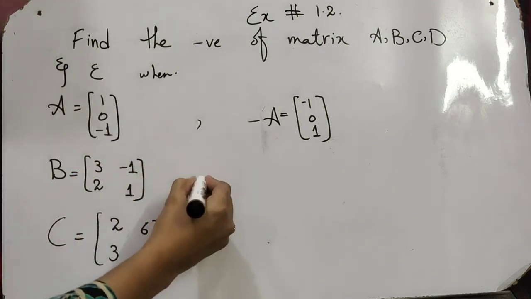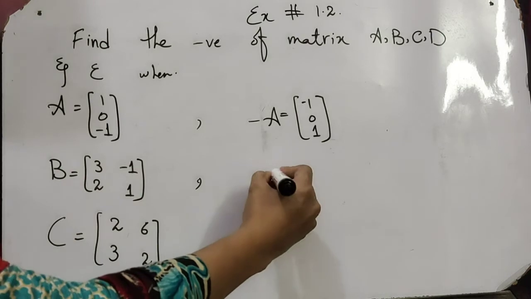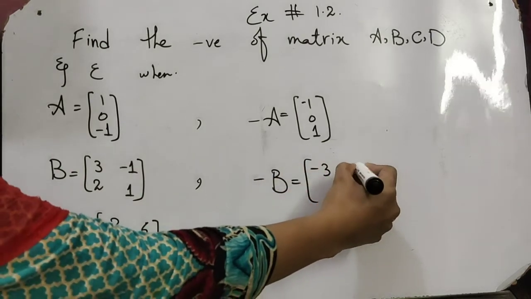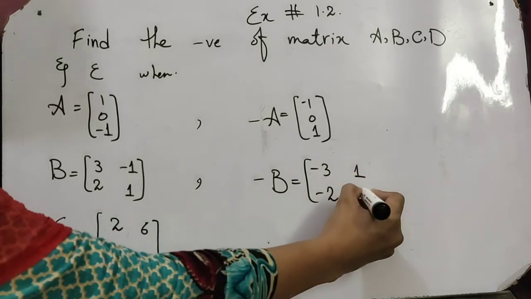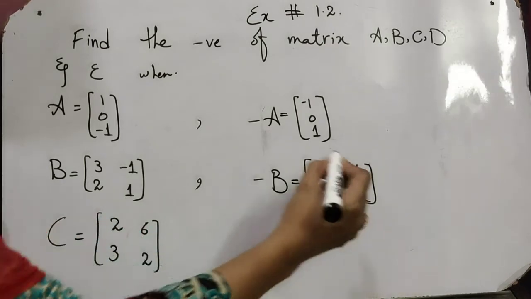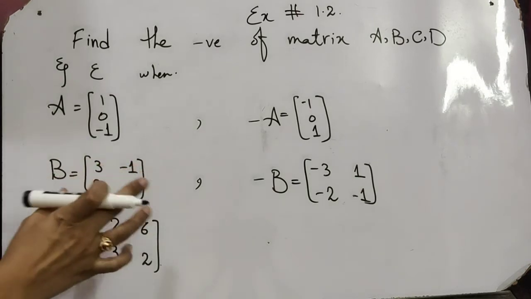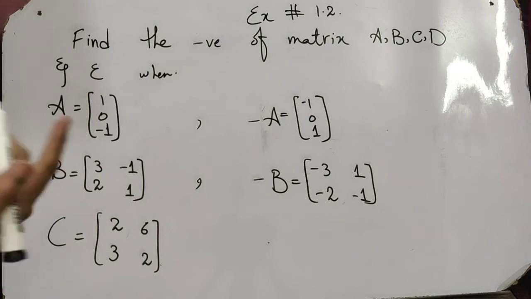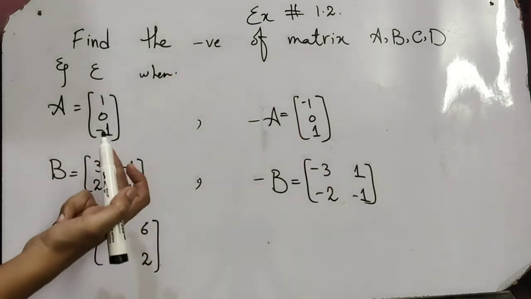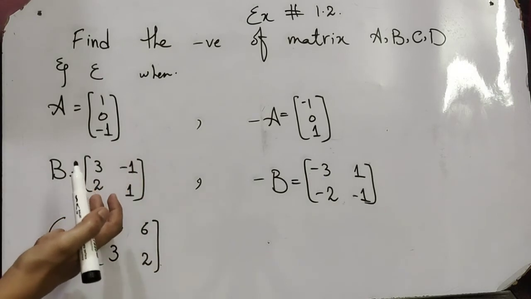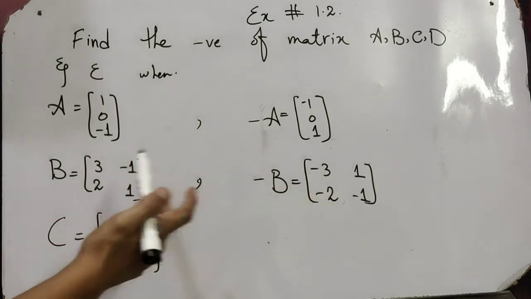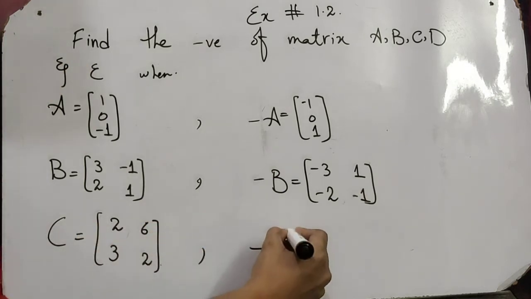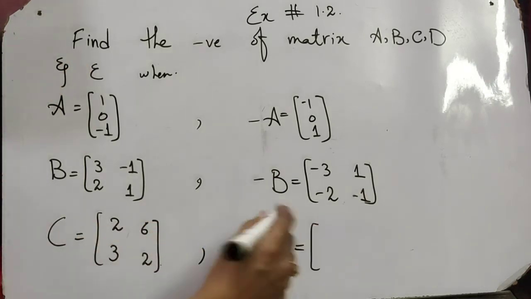B is equal to 3, minus 1, 2 and 1. So minus B will be equal to minus 3, 1, minus 2 and minus 1. All the signs are changed in the negative matrix. Three becomes minus 3, minus 1 becomes 1, 2 becomes minus 2, and 1 becomes minus 1 in minus B. C becomes minus C when we change all the signs.